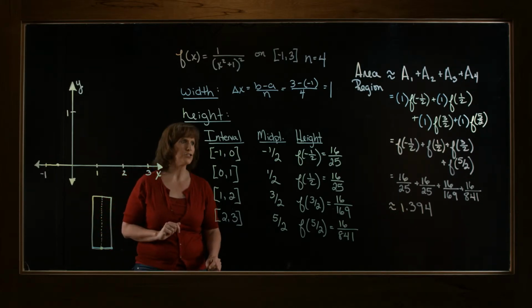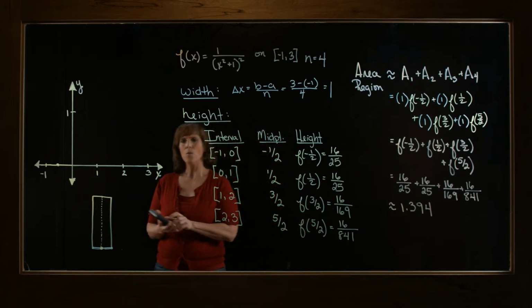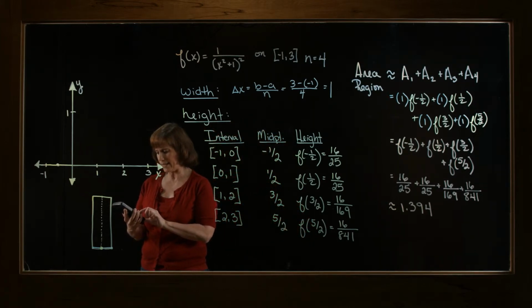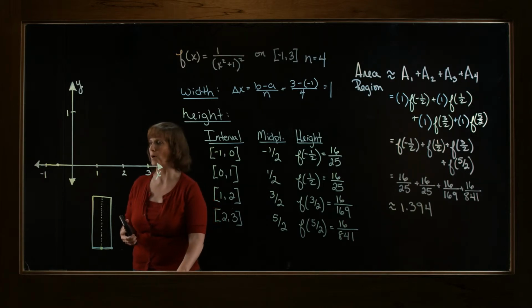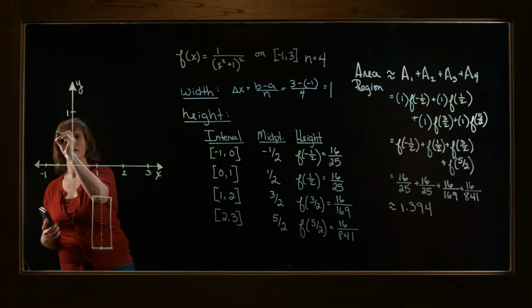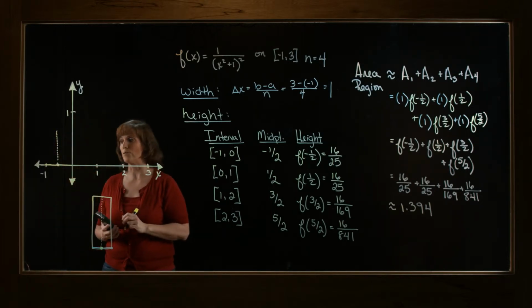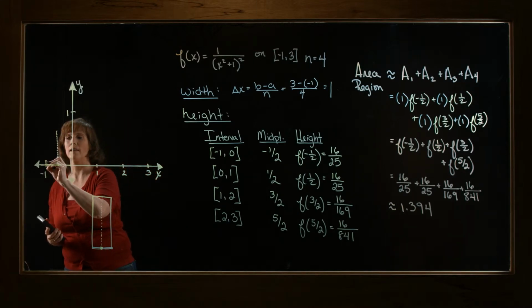So how tall should that be? It should be 16 divided by 25. Just to get a rough idea, 16 divided by 25 is about 0.64. So let's put that right about here, and that's going to represent the height of that first rectangle. So let me draw that in.